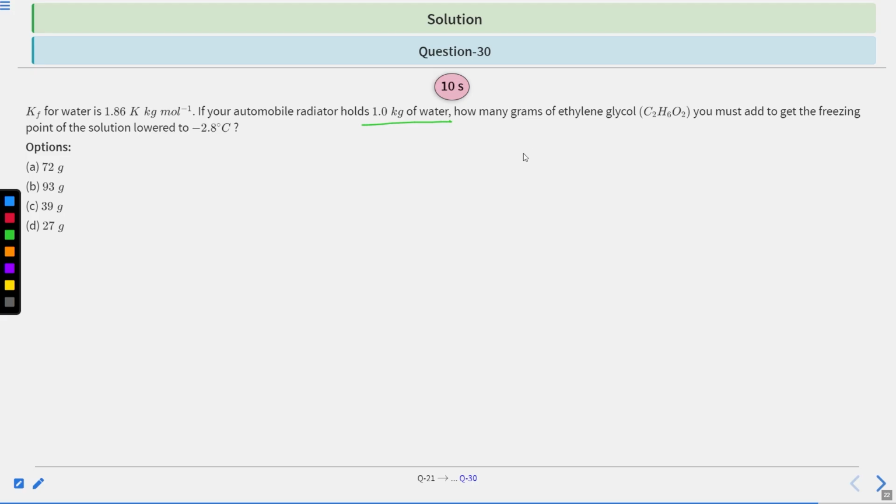That's what we have to find. Options are 72 gram, 93 gram, 39 gram, or 27 gram. So you have 10 seconds to solve this question. After that, we will see the answer.